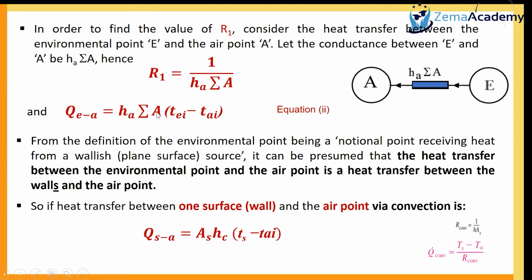Summation A is all the areas that are involved within the space. And now you can also appreciate that the temperature difference is no more inside outside, but rather the temperature at this environmental point, which is TEI, and the temperature at this air point node, which is TAI. I hope that till here it is clear.